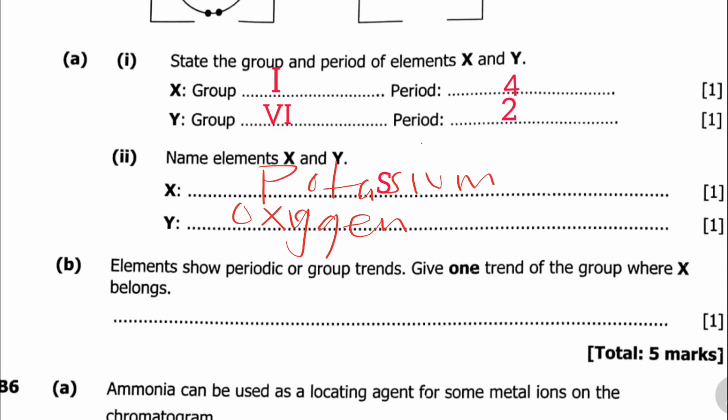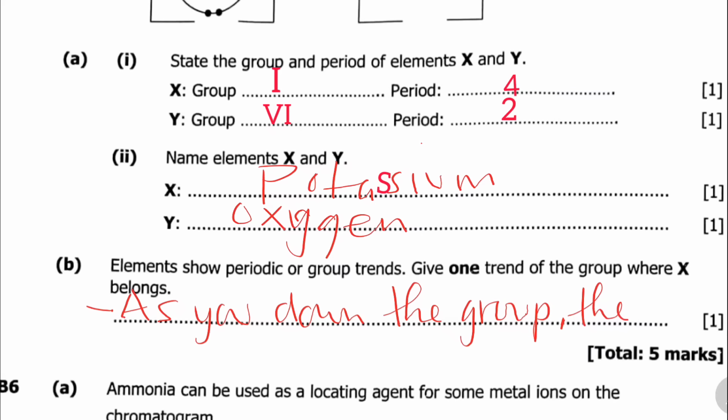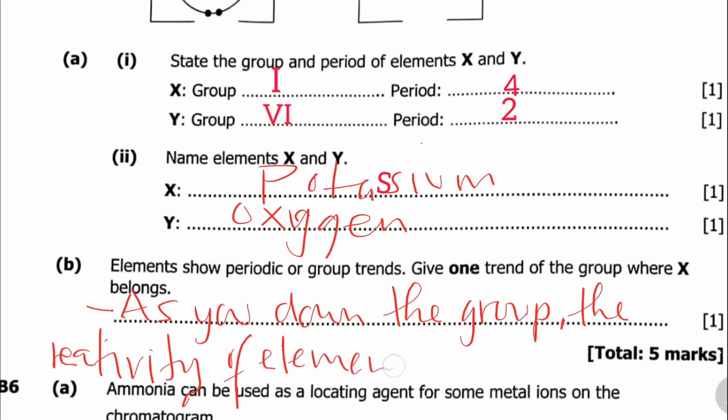One of the trends in group 1 elements is that, number 1, and say, as you go down the group, the reactivity of elements increases.